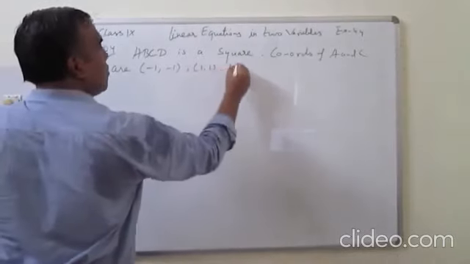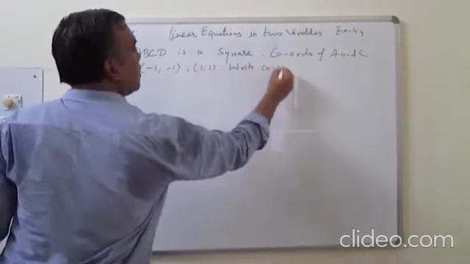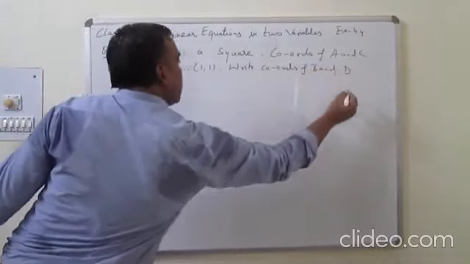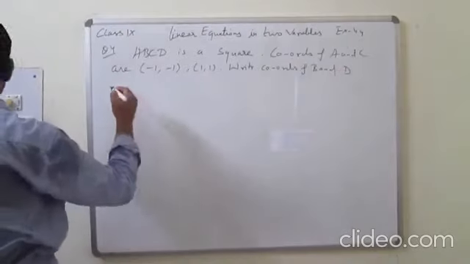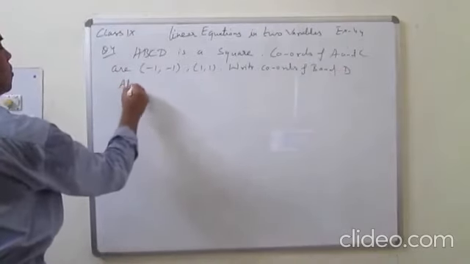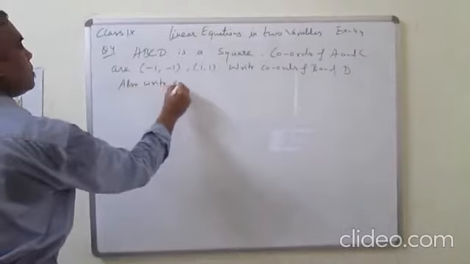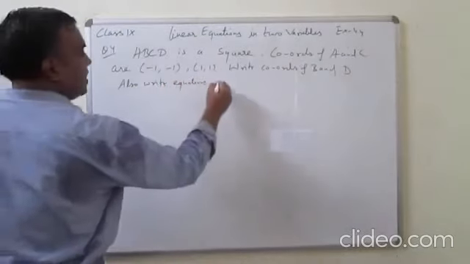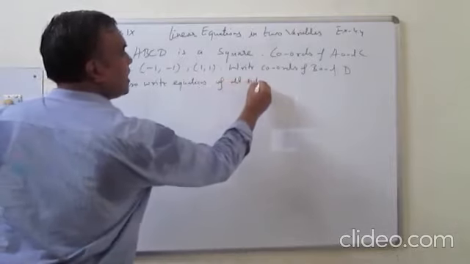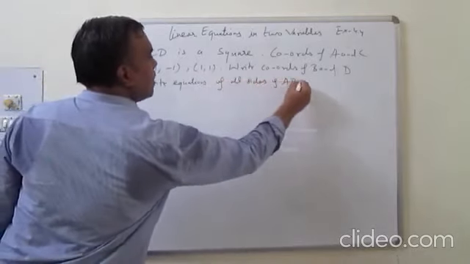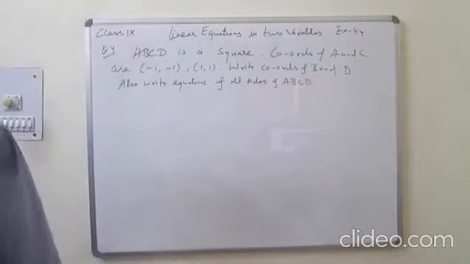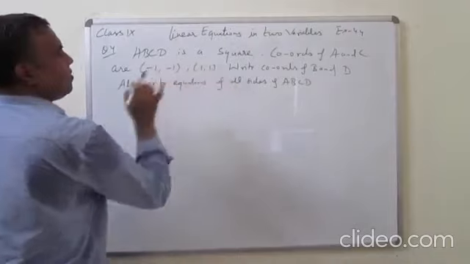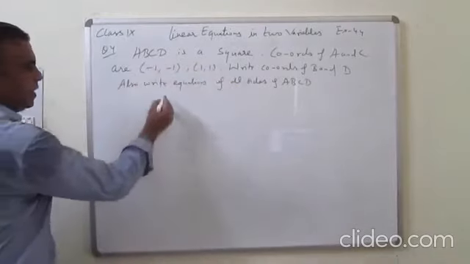Write coordinates of B and D. Also write equations of all sides of square ABCD. Now, first we plot the points (-1, -1) and (1, 1) in the Cartesian plane.